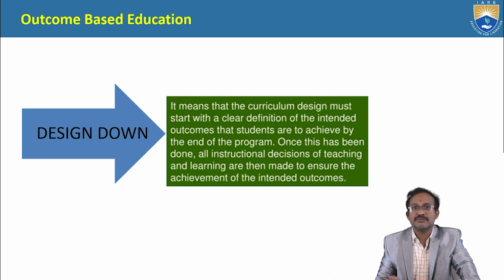Some credits must be towards skill set, some towards professional and core courses, some especially for the projects, and some towards the internships. Based on the curriculum design, the students will acquire the knowledge. So this is design down.